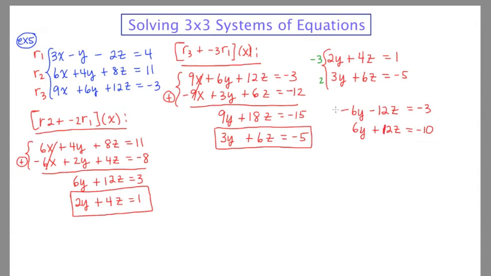Okay. Now here's where the interesting outcome happens. At this point, the y's go away, the z's go away, and we're left with 0 equals -13. Well, this is not true, ever. So this tells us that there's actually no solution.